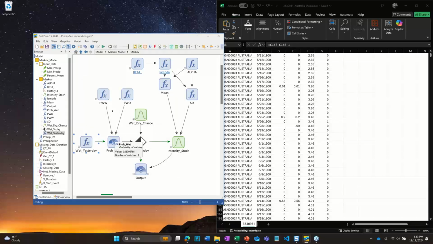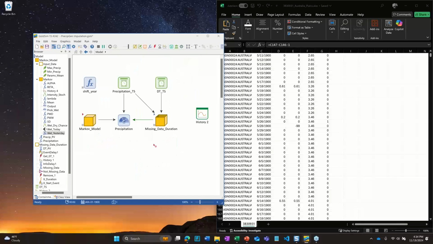If it was, then we'll use this probability. So that's just a little switch that I've made in the model, that instead of being purely a stochastic model, it's being tied to the time series record, looking at the previous day. And so then it can make a smart, informed decision on what we can assume for the missing day that follows that day. That's what it's doing.